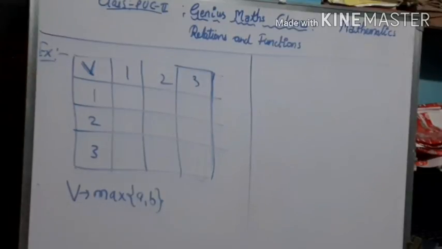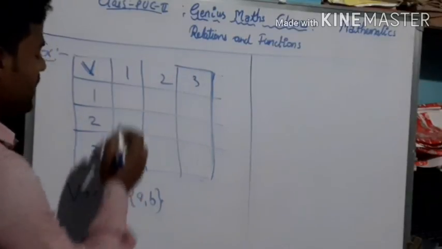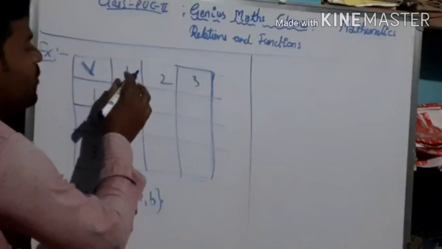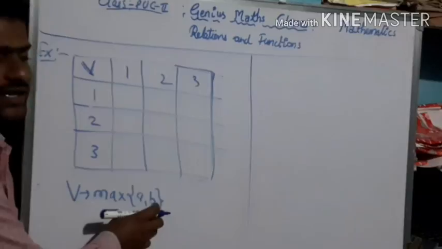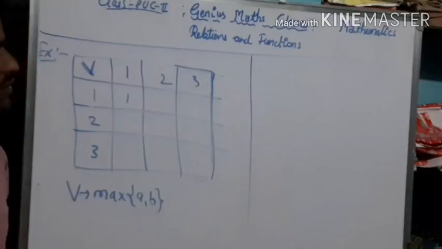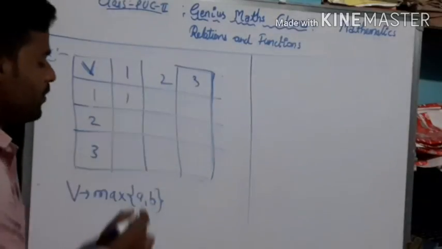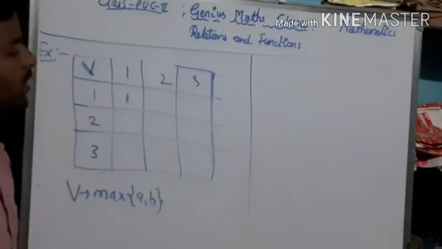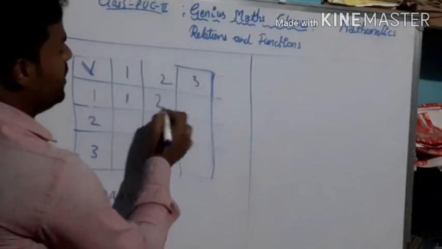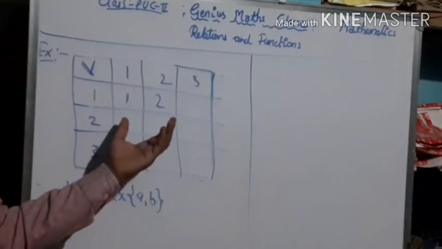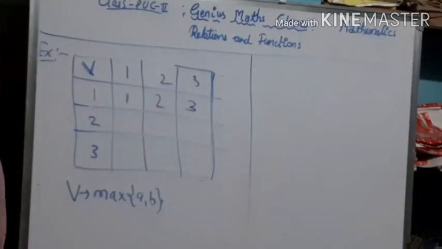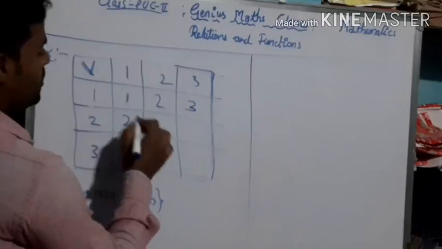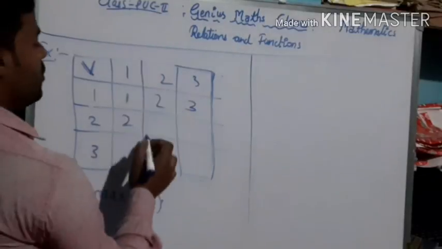So the maximum of 1 comma 1 is 1. The maximum of 1 comma 2 is 2, the larger number. For 1 comma 3, 3 is the maximum. For 2 comma 1, 2 is the maximum, and for 2 comma 2, also 2.